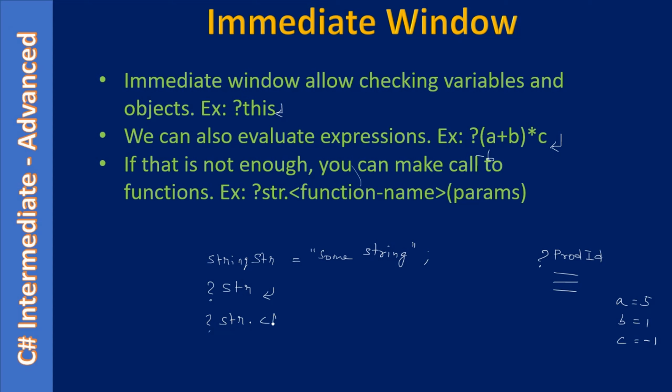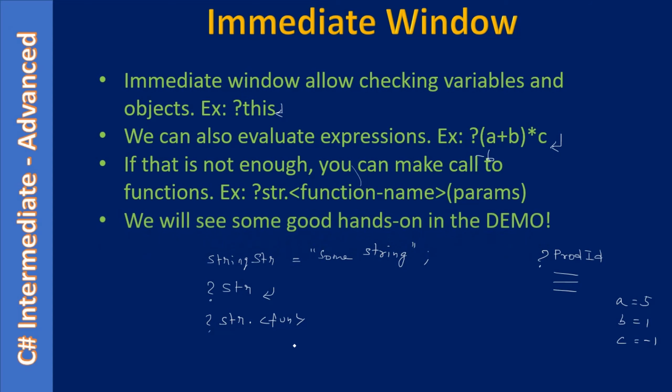You can make use of some string functions like getting the length of the string, or making a call to a function called substring by passing the parameter. All those things we can do in the immediate window. So instead of explaining everything here in the theory part, let's directly jump into the demo. There we will get some good hands-on.